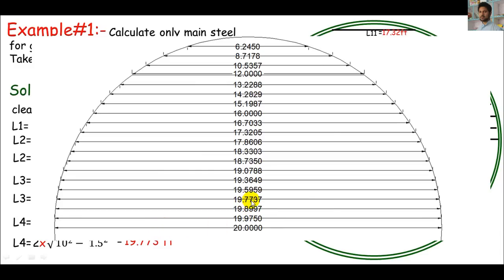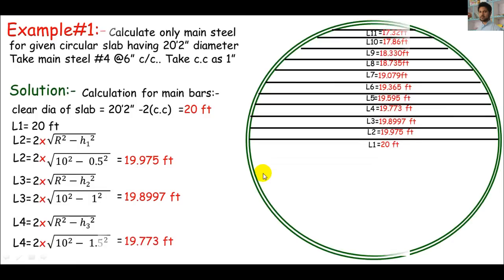So if you are an AutoCAD user, you can get help from AutoCAD too. That's really amazing. Now just look, this is the calculation per half circle. Just multiply these by 2, and you must get the same thing per full circle.